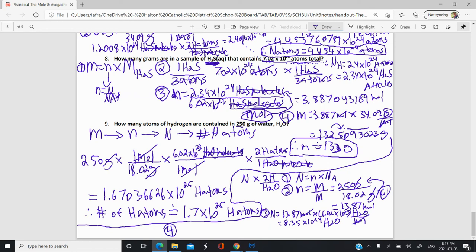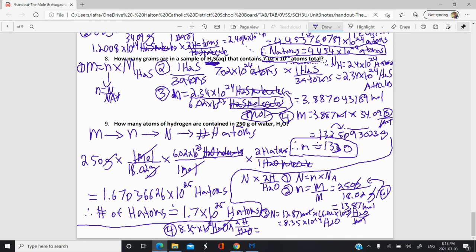And then finally for my step 4, I would do that number of particles there, 8.35 times 10 to the power 24 H2O, multiplied by 2 H per H2O. Cross out H2O, and we're left with H's.